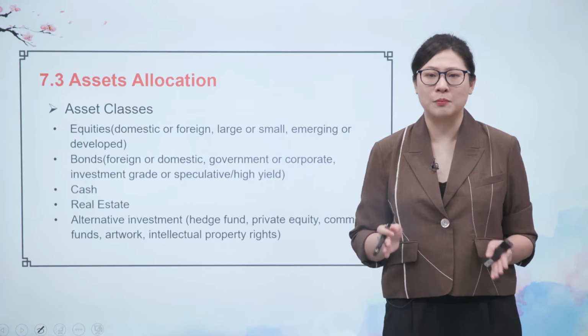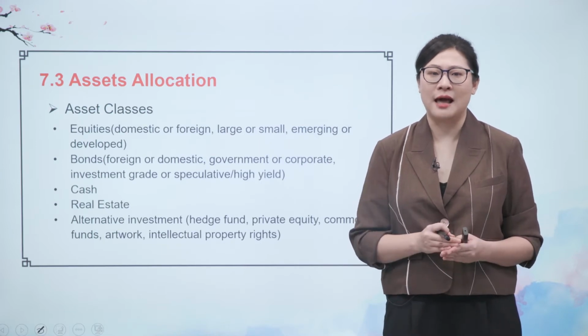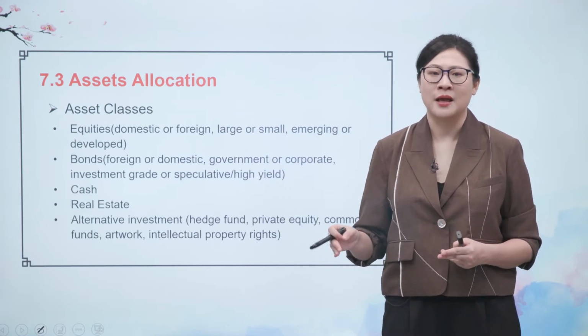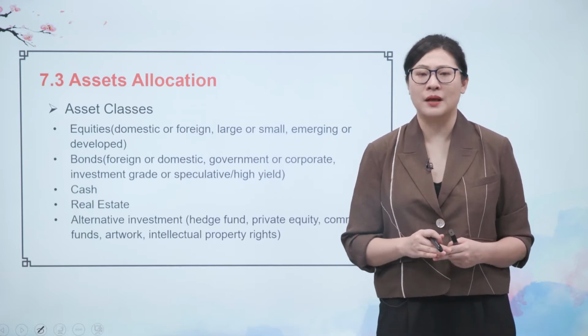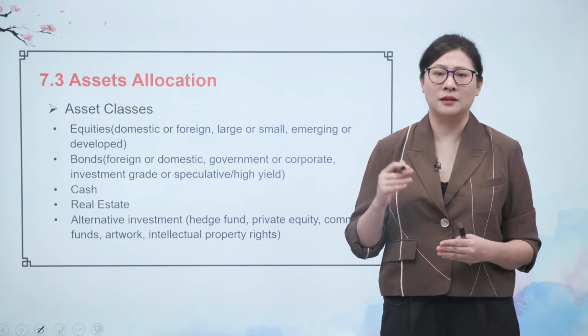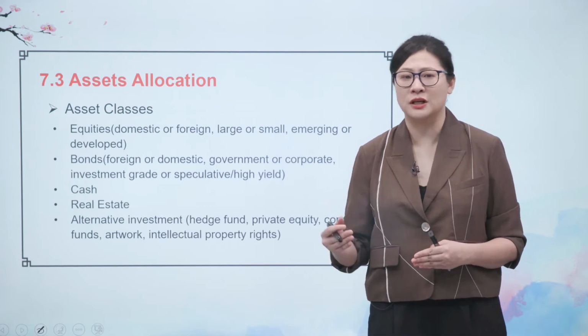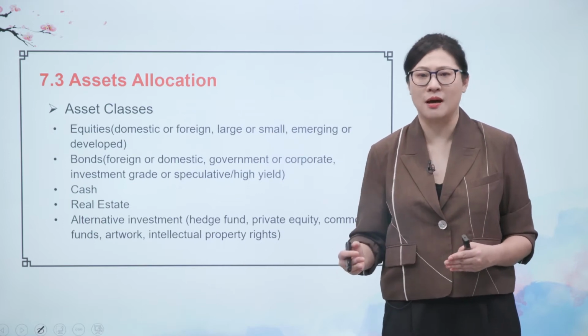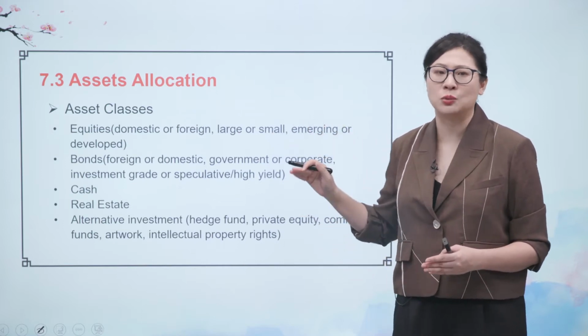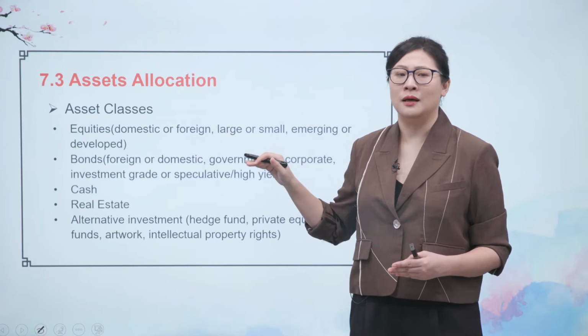We can separate domestic equity and foreign equities, and also large cap stocks and small cap stocks, or emerging country stocks and developed country stocks. So we have different categories in the equity part.